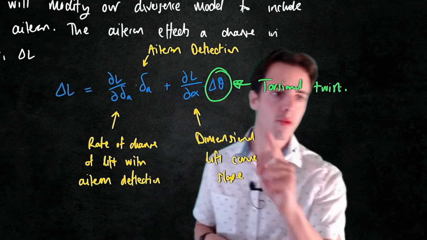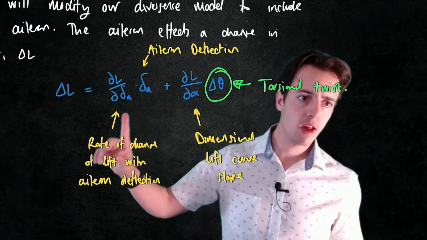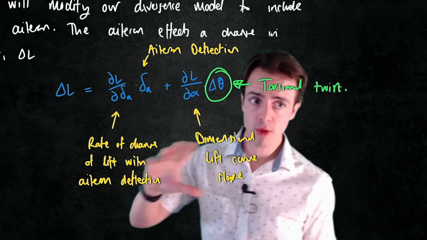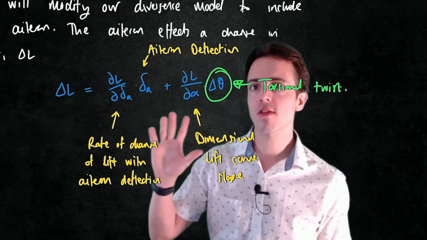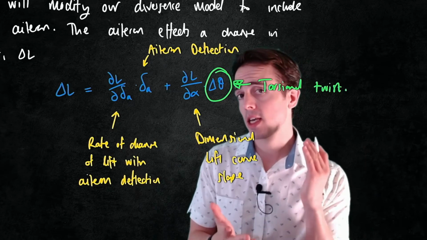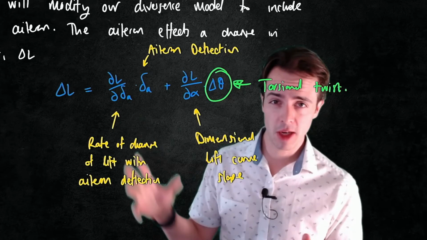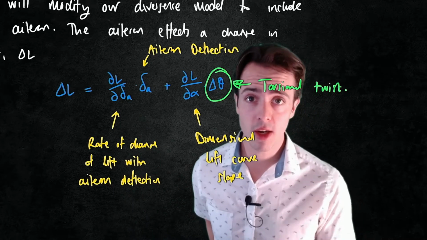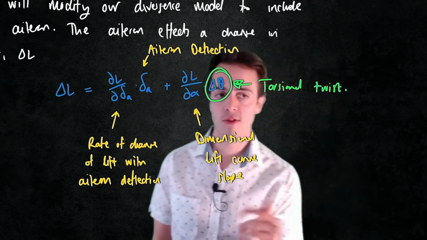Okay, and the reason I put this one in green is because we need to develop an expression that gives us this torsional twist. Generally, we'll do this in coefficient form anyway. This will be a number, the change to the lift coefficient with the aileron deflection. So it's going to be a number. We know it's probably a small number, an order of magnitude lower than the actual lift curve slope of the aerofoil itself.